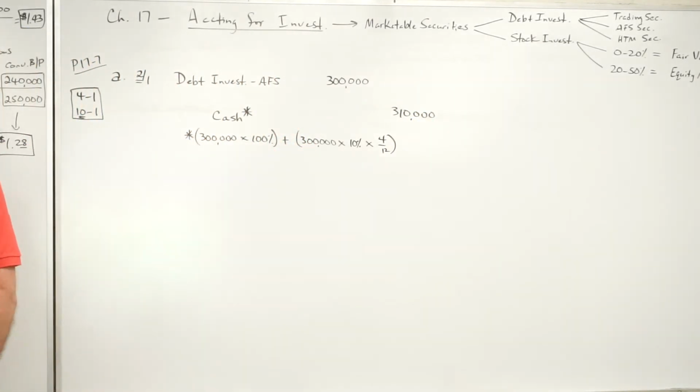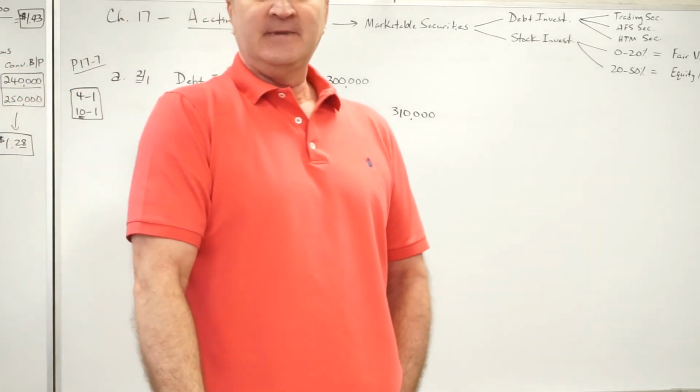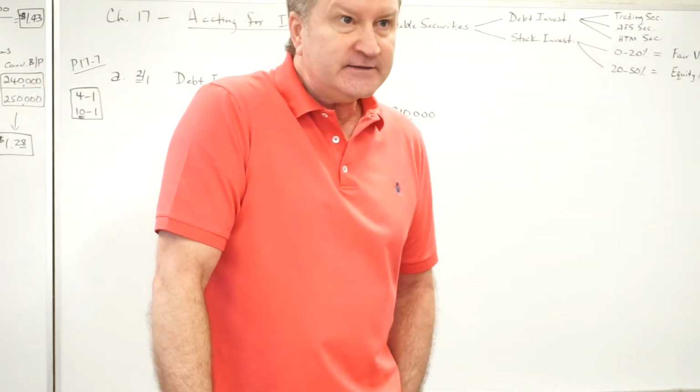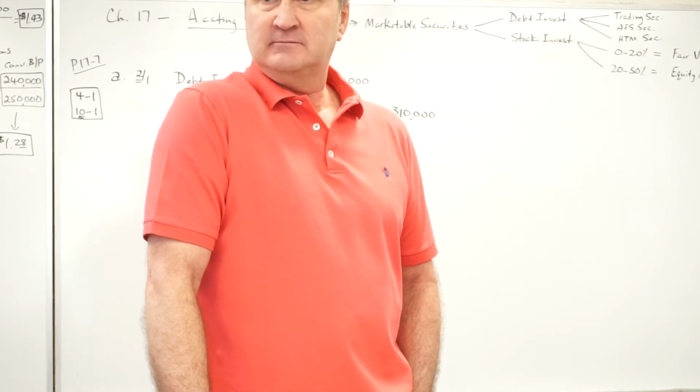Now, your book likes for you to have an abnormal balance in an account just until these bonds next pay interest. Remember back in chapter 14 when we were issuing bonds between interest payment dates, we had an abnormal balance in what account? Interest expense, right?